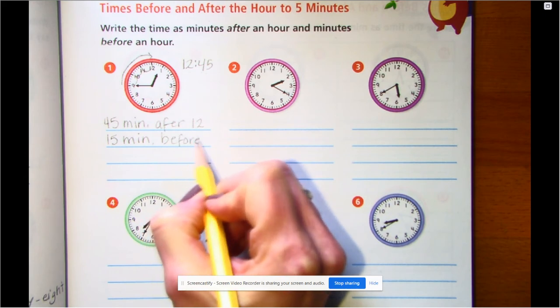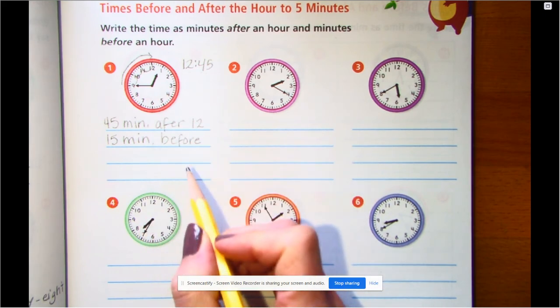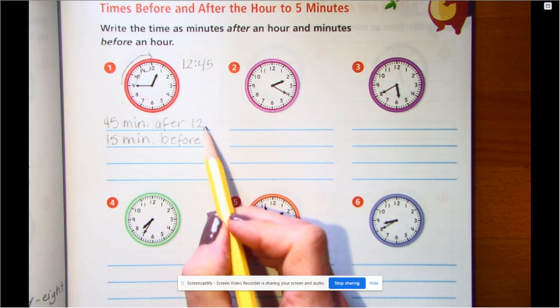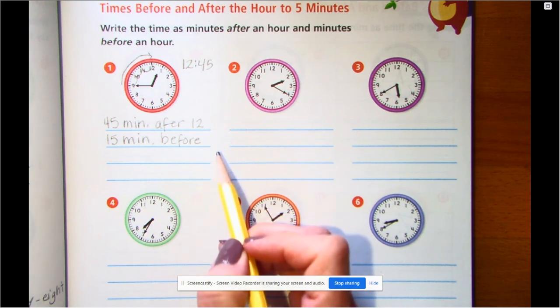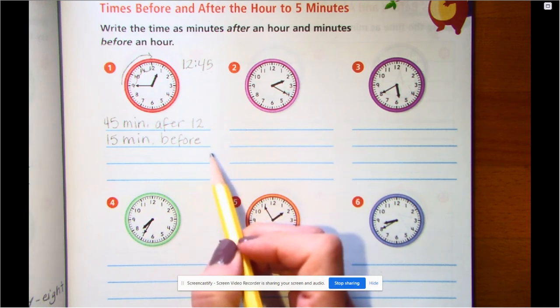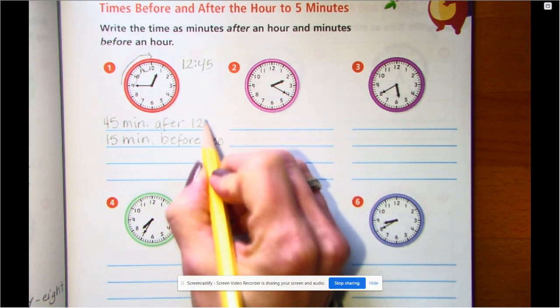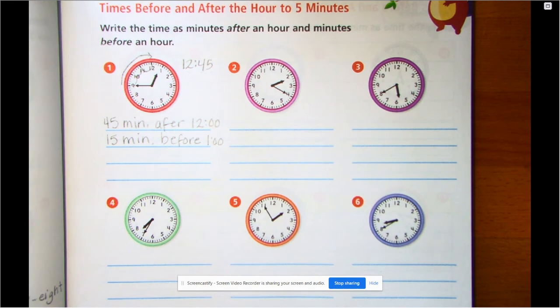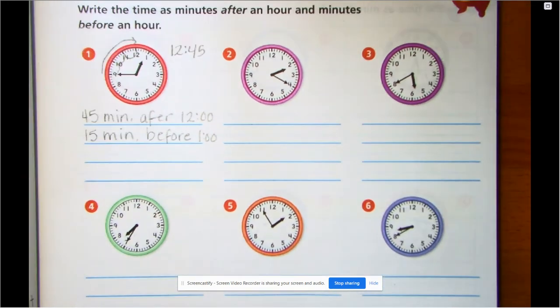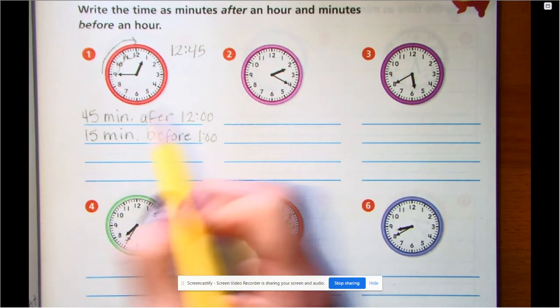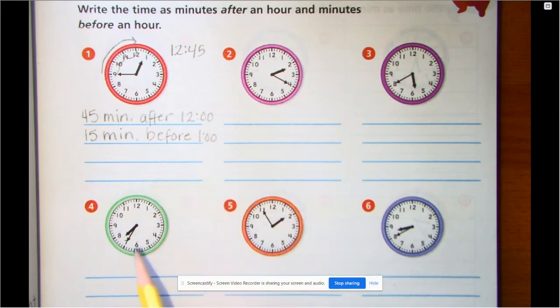And I want you to think, what's the next hour? What's the hour that comes after 12 o'clock? Is it 13 o'clock? No, we don't have that on our clock, right? It would be 1 o'clock. So we're going to write 1 o'clock. I want you to write 12 o'clock here too. Okay, so 45 minutes after 12 o'clock and 15 minutes before 1 o'clock.